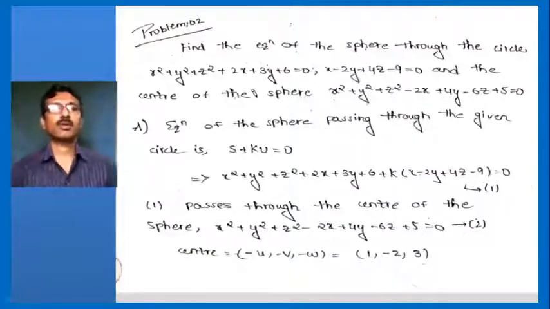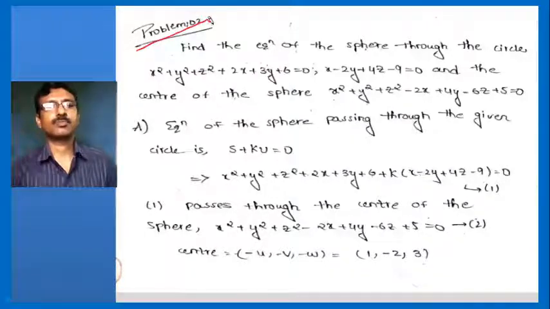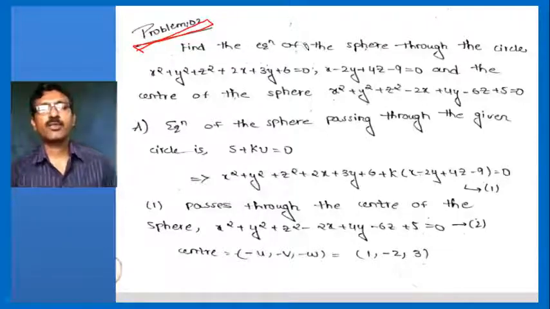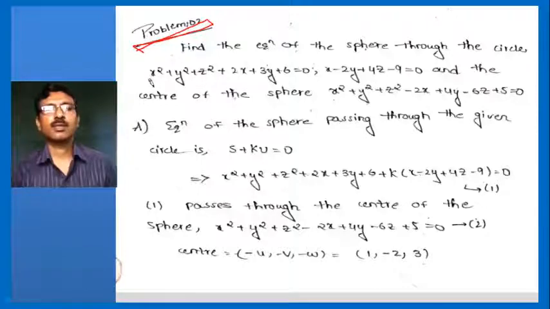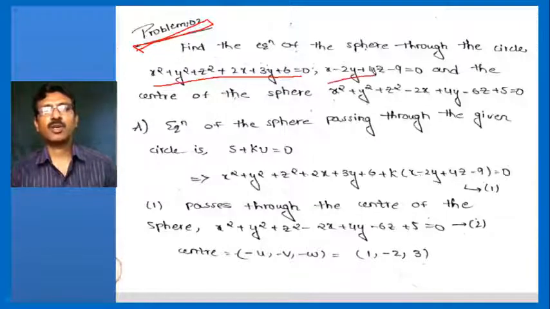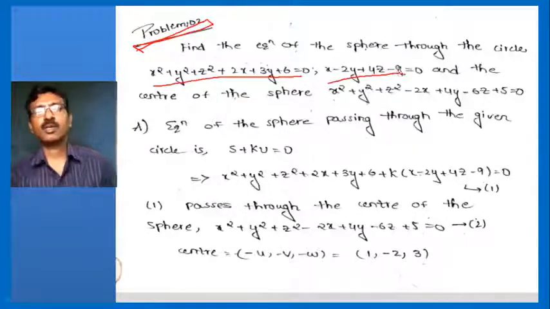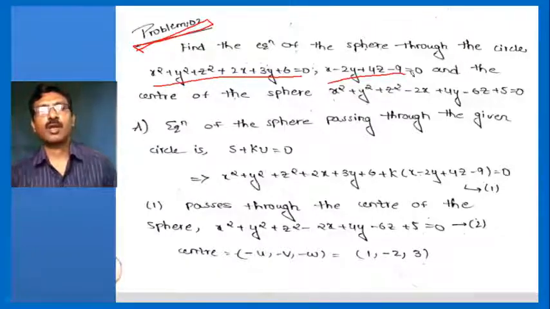Here is problem number 2. Find the equation of the sphere through the circle. The circle is given in the form of 2 equations: one is a sphere and the second one is a plane, as before, and the center of the sphere is given.